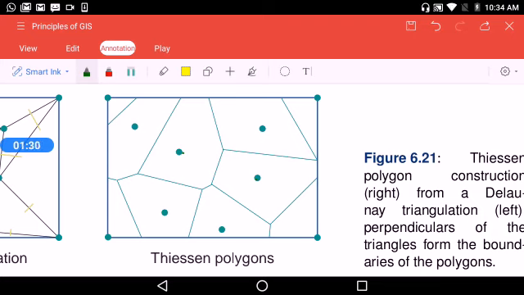We are going to take the target locations and try to join these two and then make a perpendicular bisector. It is going to divide this line joining the two target locations into two equal halves at a 90-degree angle. The same thing will repeat for the other two target locations.